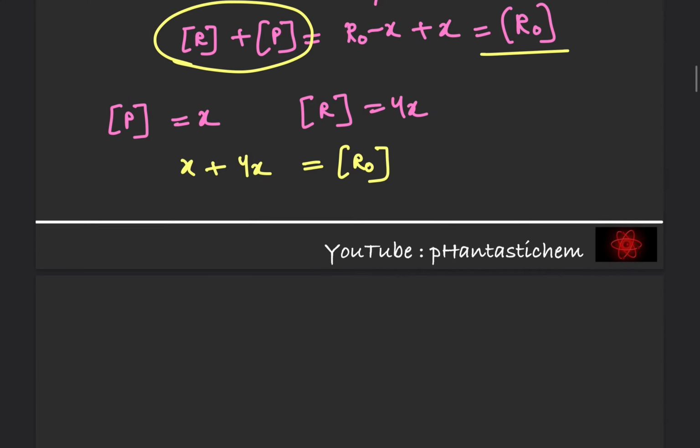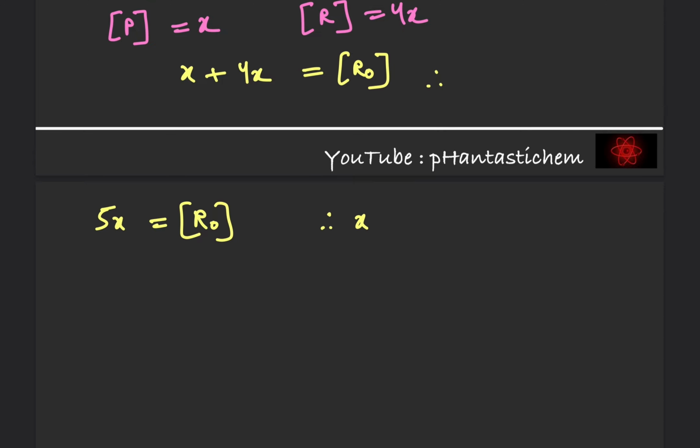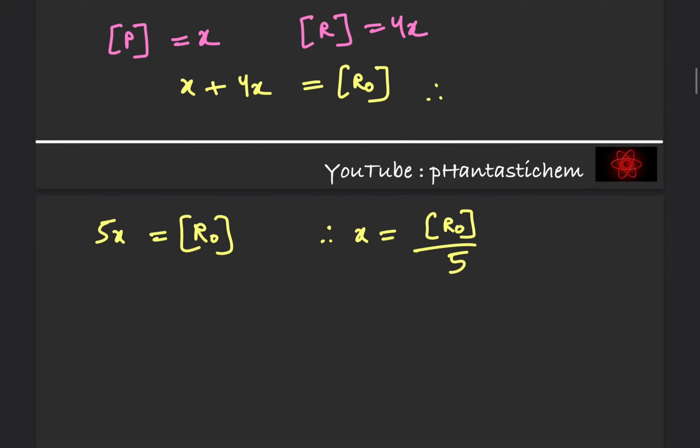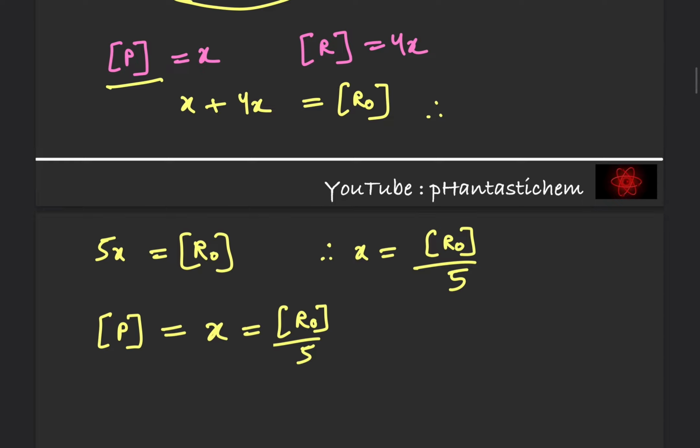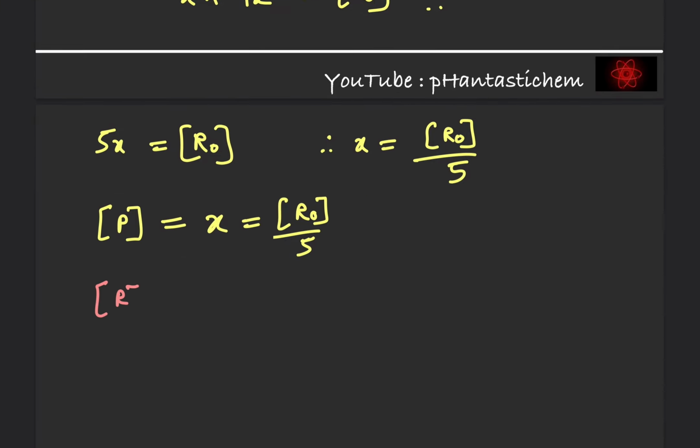So 5x is equal to R naught, and therefore x is equal to R naught divided by 5. We assumed P as x, so the concentration of P is R naught by 5, and we assumed R as 4x, so the concentration of R is 4 into R naught by 5.